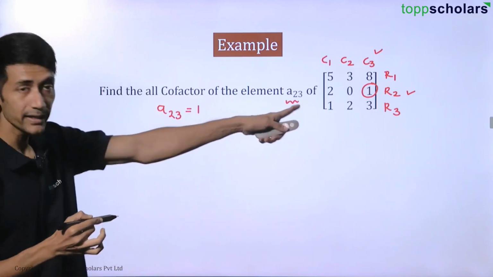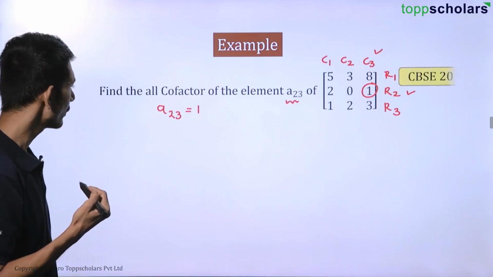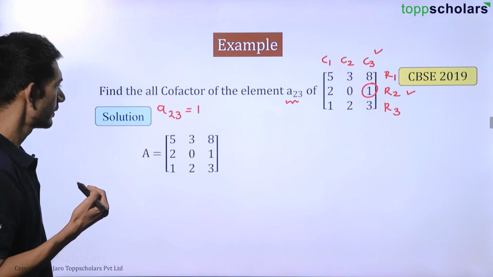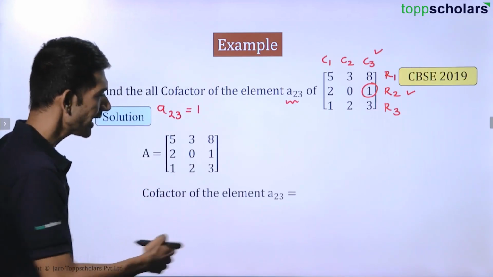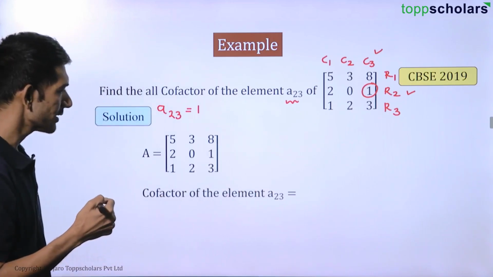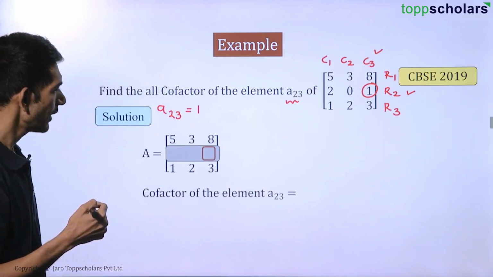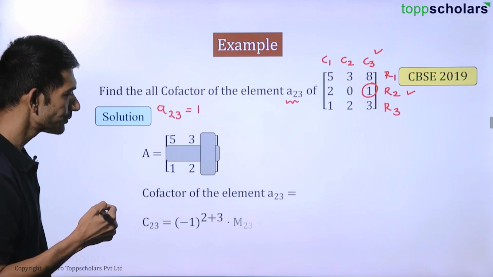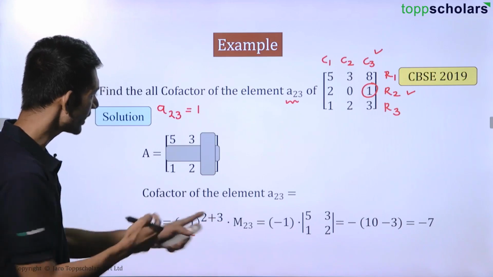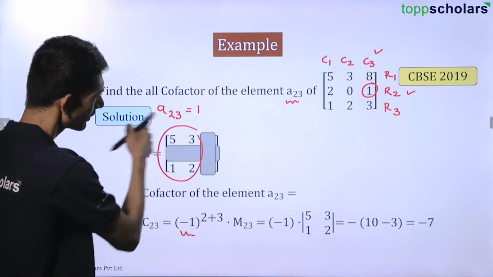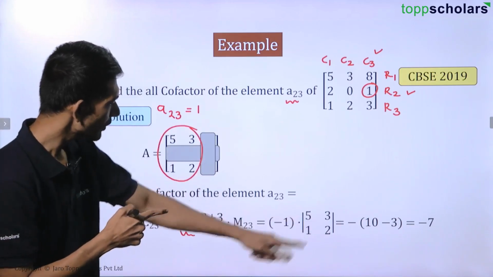And we are supposed to find out the cofactor of that. Let us see how we do that. So this is the matrix given. Now for A23, it will be minus 1 raised to 2 plus 3, isn't it? And we'll remove that row and column. So minus 1 raised to 2 plus 3, M23. But M23 is the remaining elements, that is 5, 3, 1, 2.